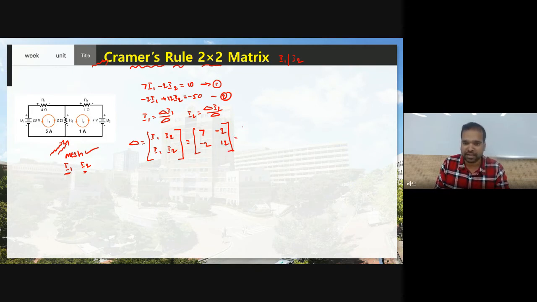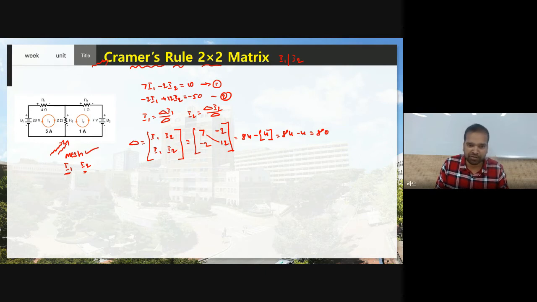How to find it? You multiply these two terms, 7 into 12, you get 84. When you are multiplying from down to up, you need to keep a minus here. Therefore minus 2 times minus 2 will become 4. Therefore 84 minus 4 equal to 80. I hope you understood how I wrote the delta, with the I1 and I2 coefficients from equation 1 and the I1 and I2 coefficients from equation 2.